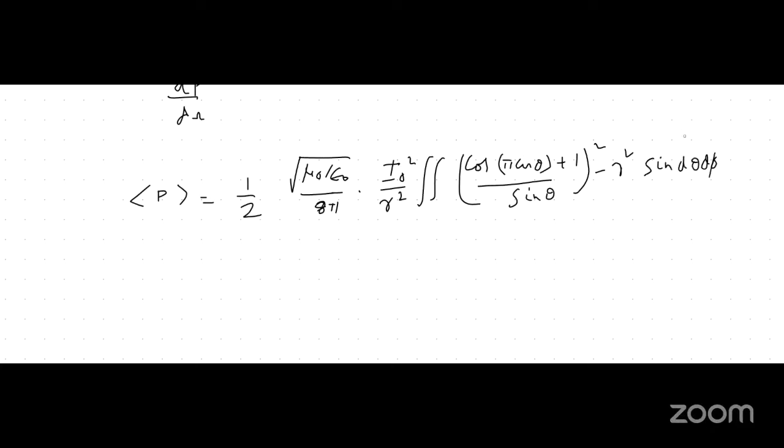So if you do this integration, you get this value equal to root of mu naught by epsilon naught by 8 pi into I naught square, integration from 0 to pi of cos square of pi cos theta by sin theta into d theta.